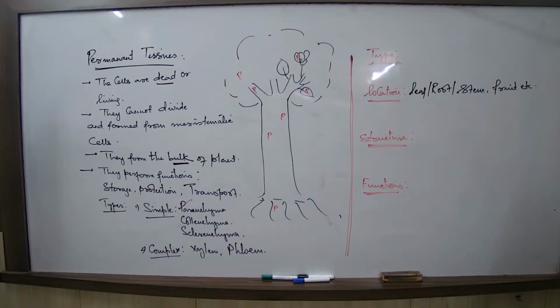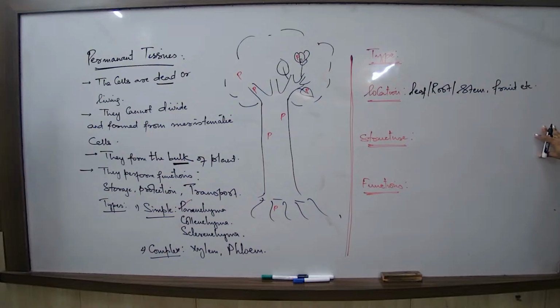The bulk of the plant is parenchyma. The major part of the plant is parenchyma. The seeds and the grains, parenchyma. What type of tissue is in the rice and the maize? Parenchyma. So the locations are many.